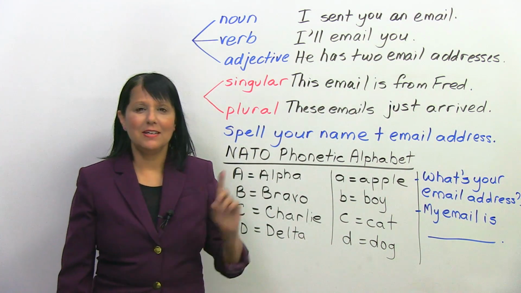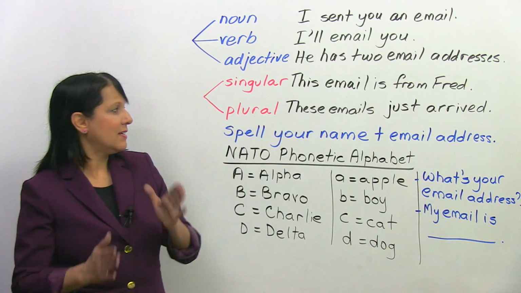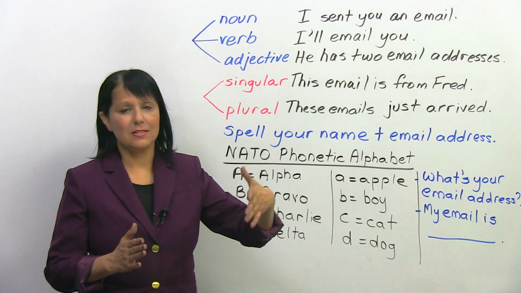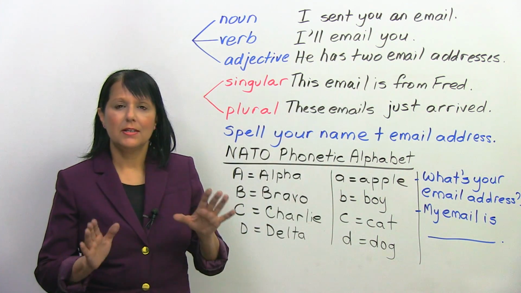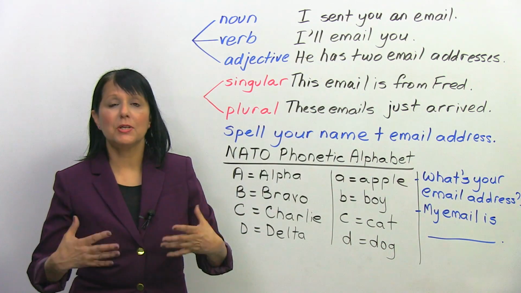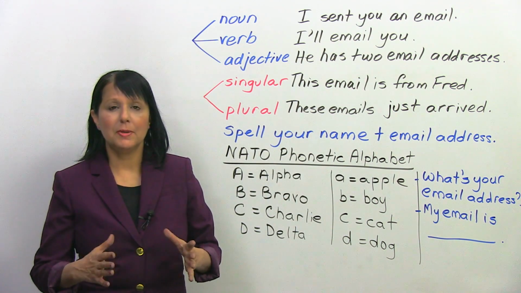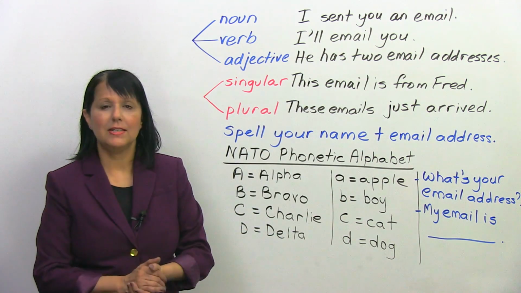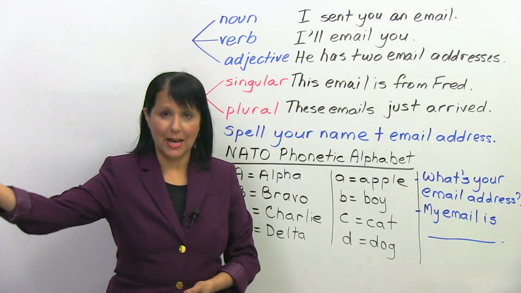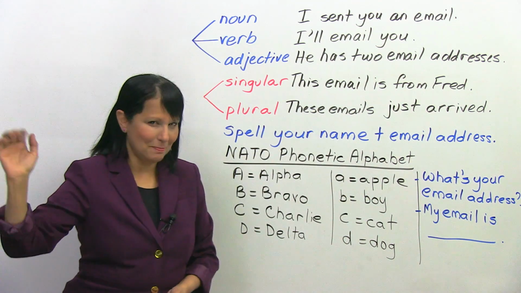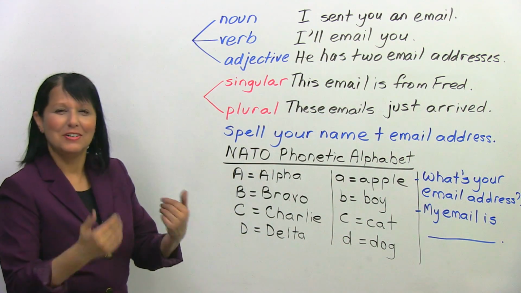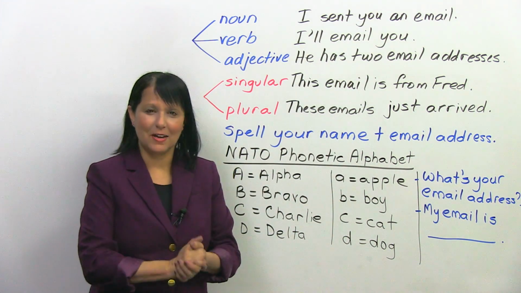Now, some people say that we shouldn't say that, and you should say, this email message is from Fred. So again, check if your company has any special rules regarding email communication and email terminology, okay? They might. And in that case, of course, follow that so that you keep your job, all right? But otherwise, in general, follow what I'm telling you and you will be fine.